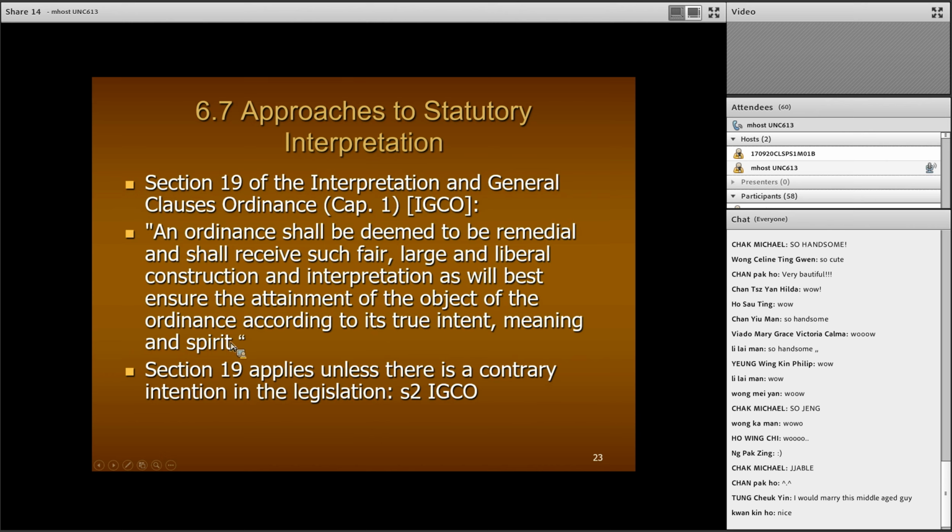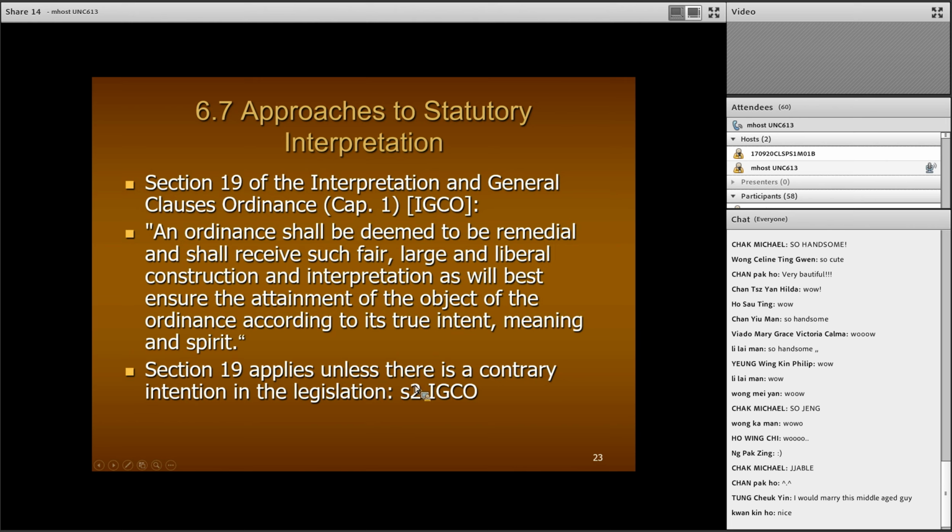The listing rules also have the same wording. If you go to see the listing rules of the stock exchange, they also have similar wording. So you should not just confine yourself to the wording. You have to look at the objective, intent, and also the spirit of the legislation.